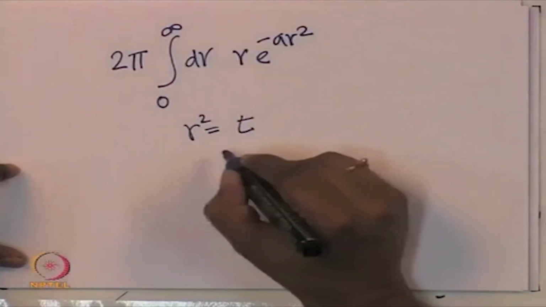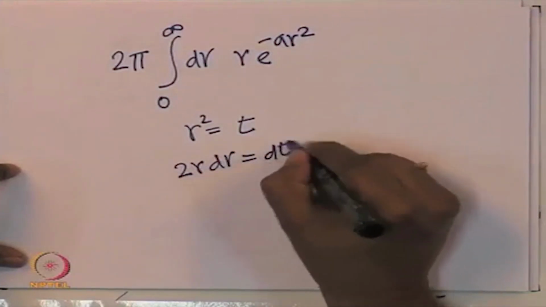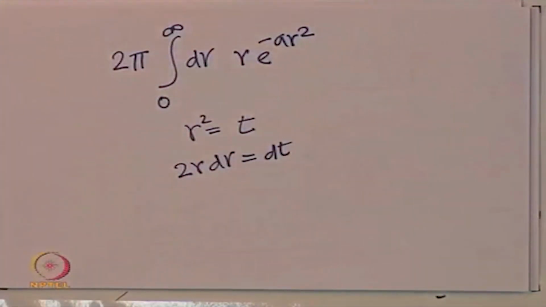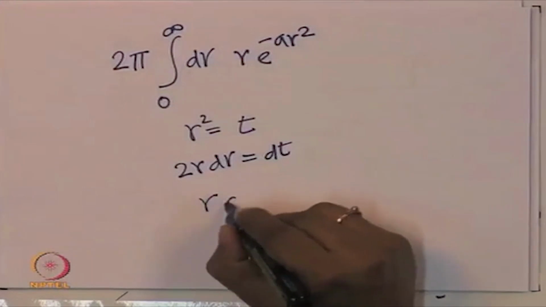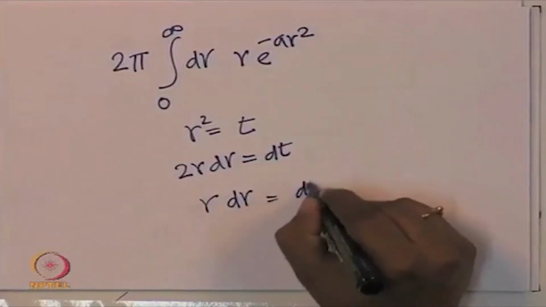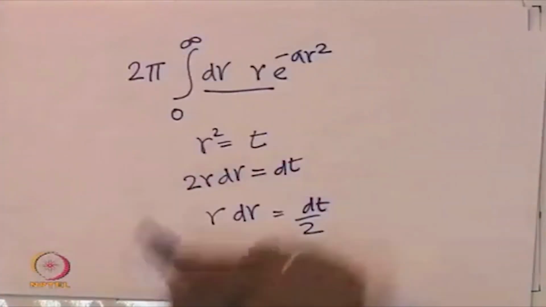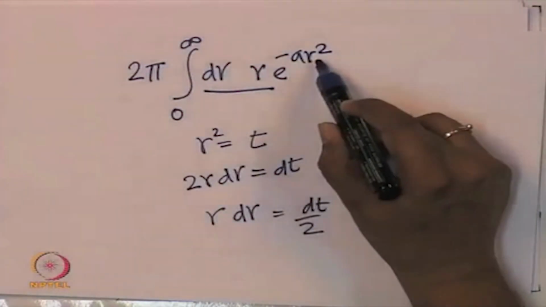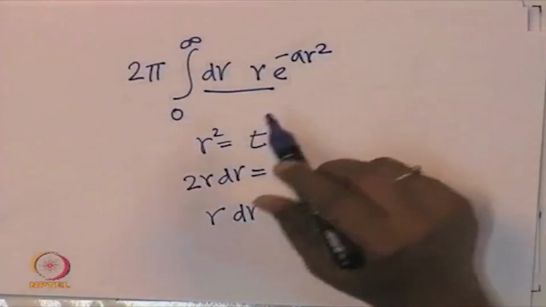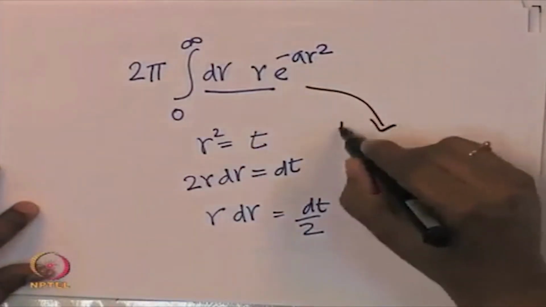Then I take the derivative on both sides: 2 r dr is dt, which implies that r dr is dt by 2. So, instead of r dr here, I can substitute dt by 2, and instead of r square here, I can substitute t.